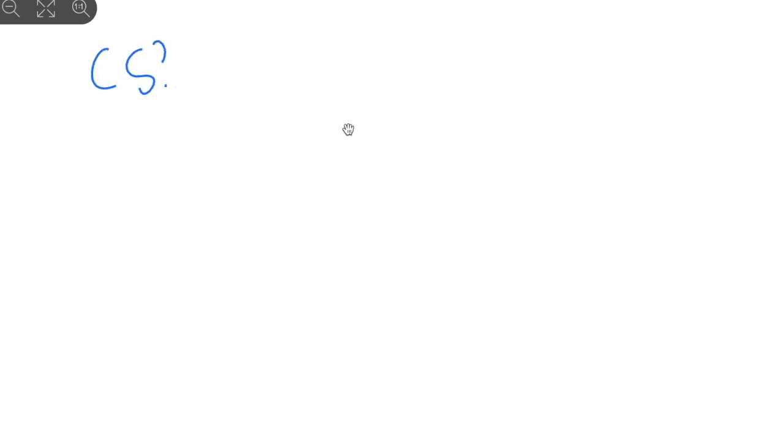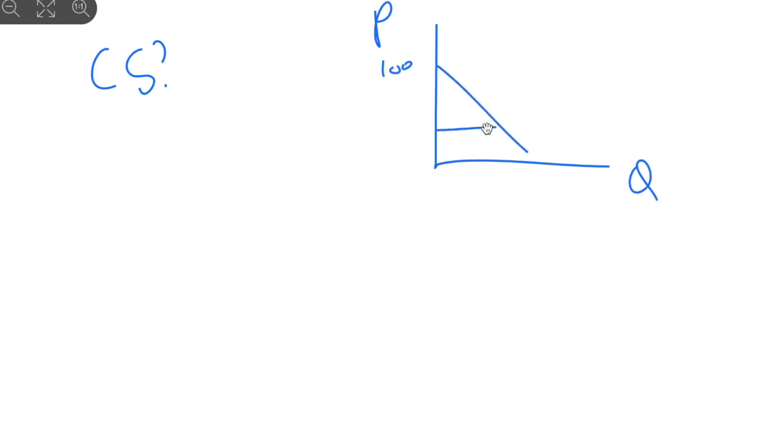Consumer surplus. So again, we're going to draw P and Q, 100, and what we got is 20, and 40, right? And this is the part where we have the consumer surplus. For the profit part, we have 0 because the price equals the cost, right?